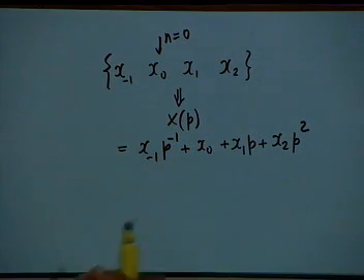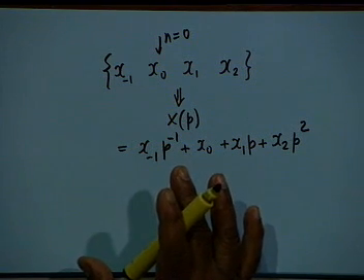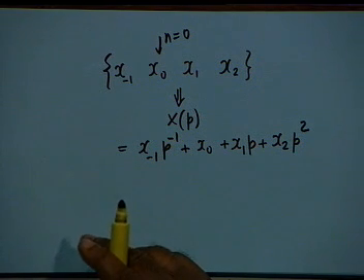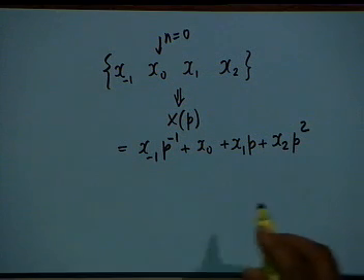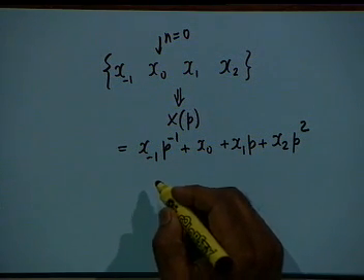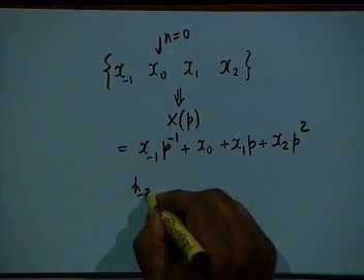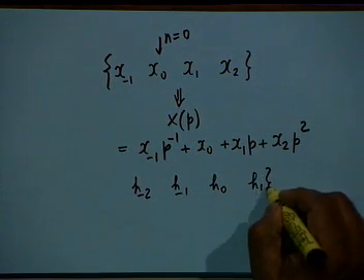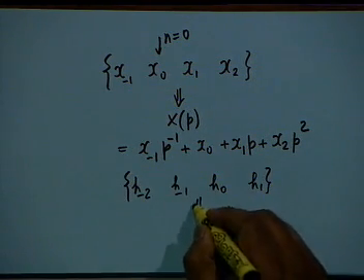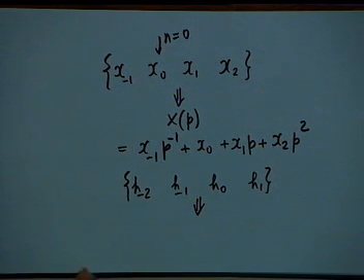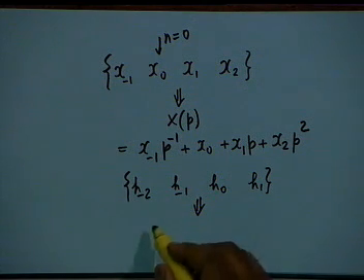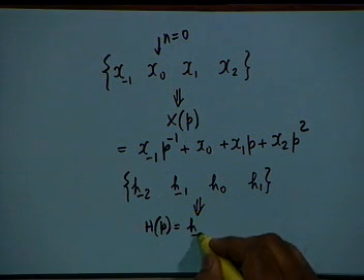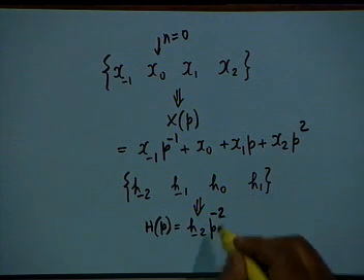They were also required to do convolution for finding some geophysical parameter of interest and importance. Similarly, our h sequence was h of minus 2, h minus 1, h naught and h1. They said we will not store 4 numbers, but we will store one polynomial. We will write one polynomial, and they called it h of p as h of minus 2 p to the power minus 2.